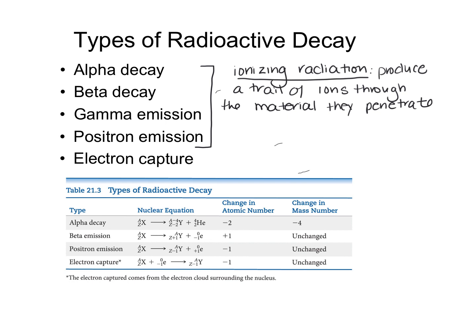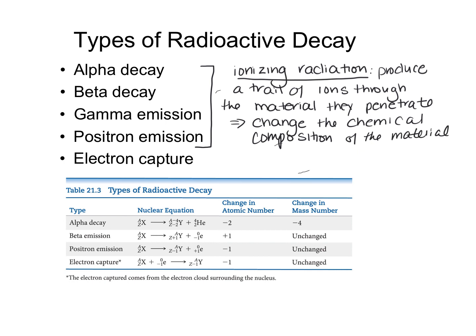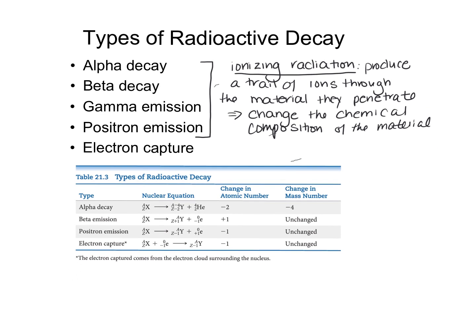Now, when this happens, they change the chemical composition of the material. Right? And when that material is a living tissue, you can end up with radiation-induced illness because of this. And so that's one of the side effects.